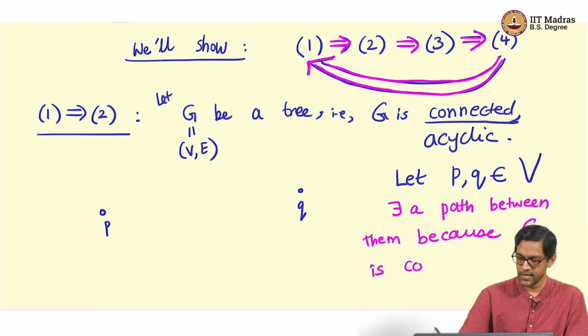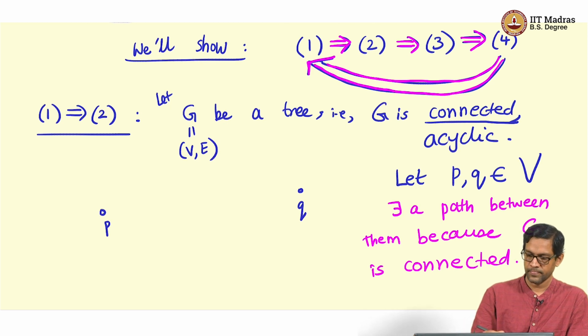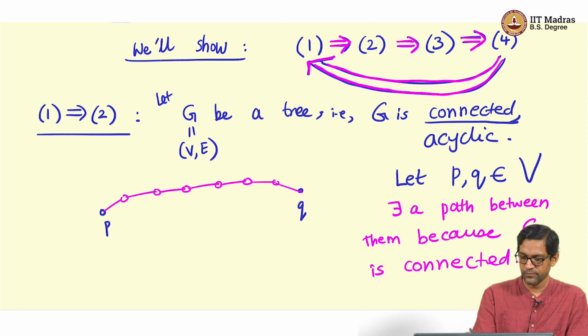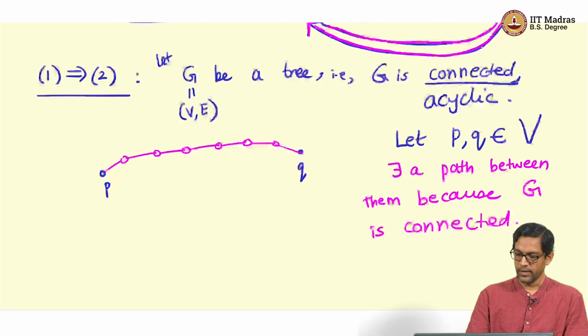G is a tree, in particular, means it is connected. So there exists a path. And what is a path? The path is just a sequence of vertices and edges starting at P and ending at Q. Path means it cannot visit the same vertex twice.